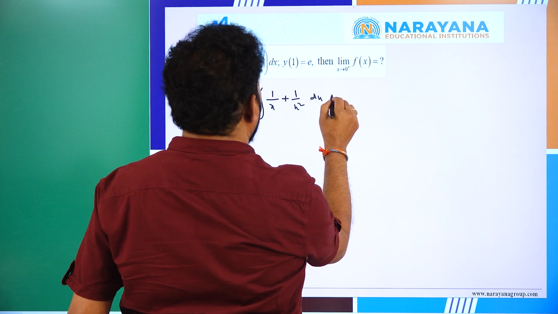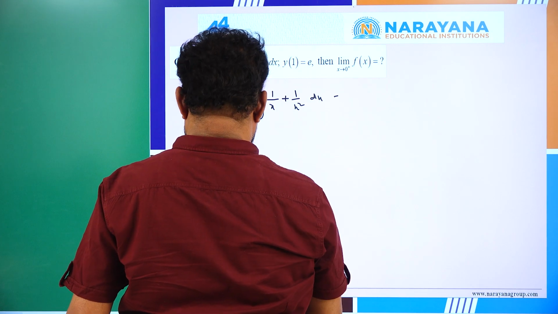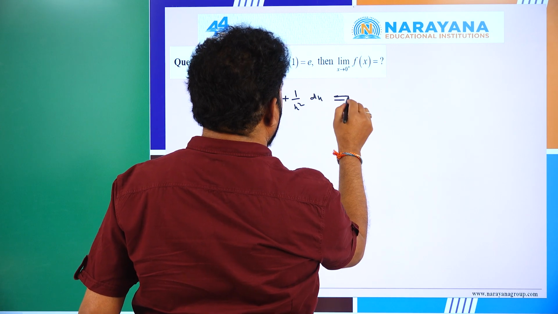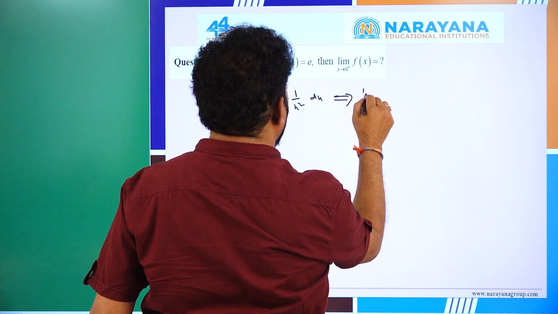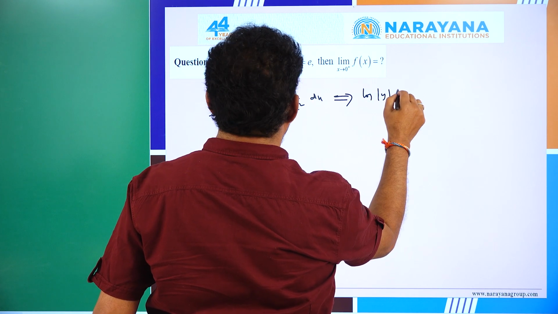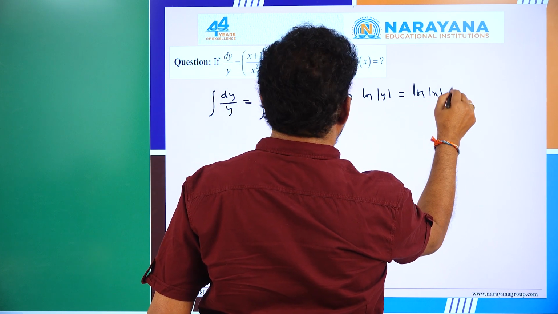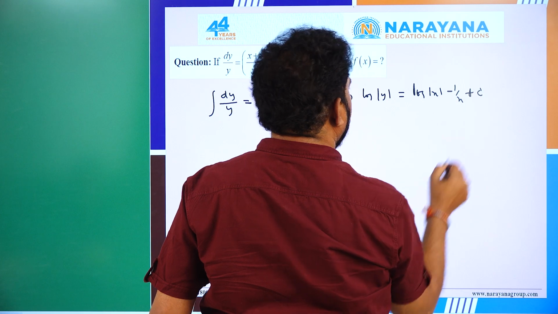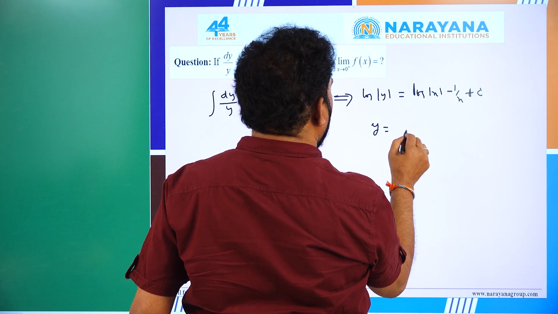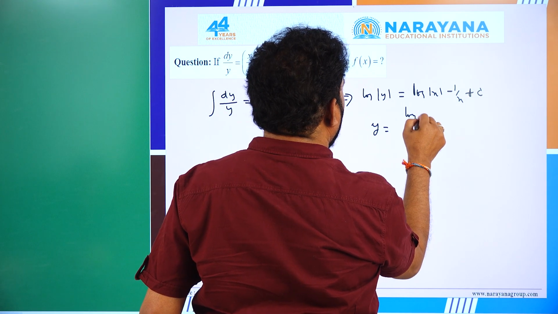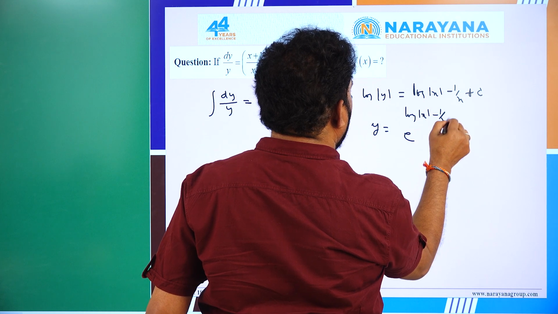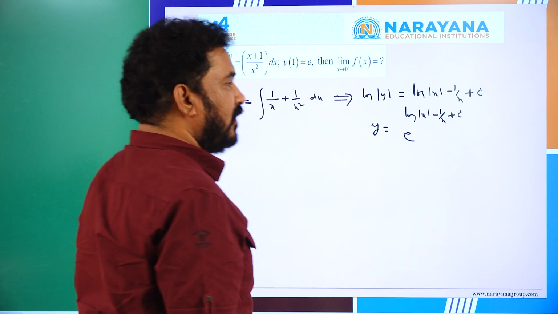So what would you get? By taking, log mod y is equal to log mod x minus 1 by x plus c. So then y is equal to e power (log mod x minus 1 by x plus c).